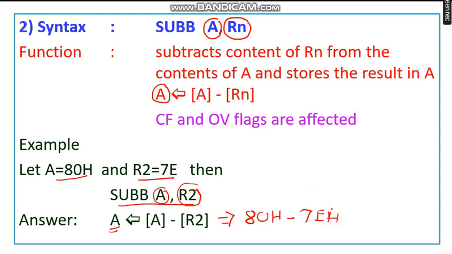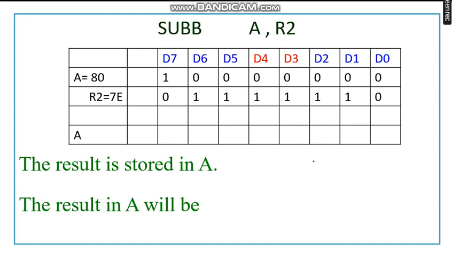So here you can see in the next slide. Here we have 80H in A, 7E in R2. So 0 minus 0, 0 here. 0 minus 1, difference 1, borrow 1. 0 minus 1, difference 1, borrow 1. From that minus 1, so 0, borrow 1. Here again 0 minus 1, difference 1, borrow 1.